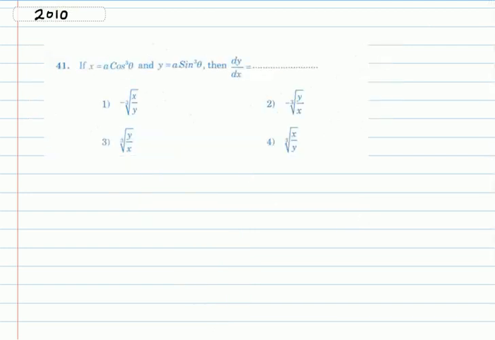Next, if x is equal to a cos cube theta and y is equal to a sin cube theta is the given problem. X equal to a cos cube theta and y is equal to a sin cube theta is the given function. The question is to find dy by dx.